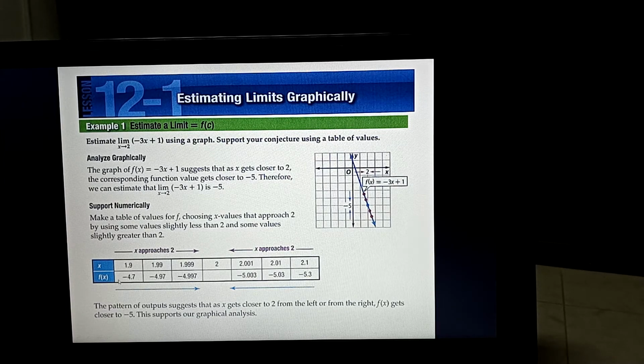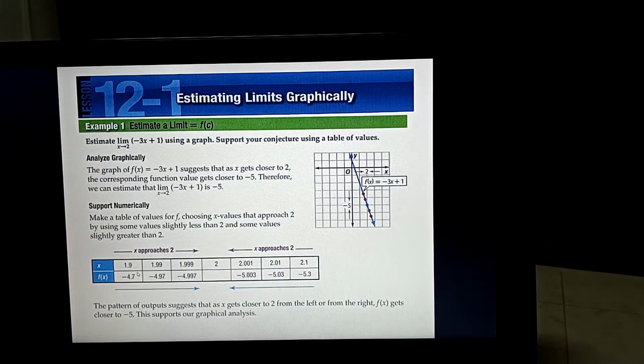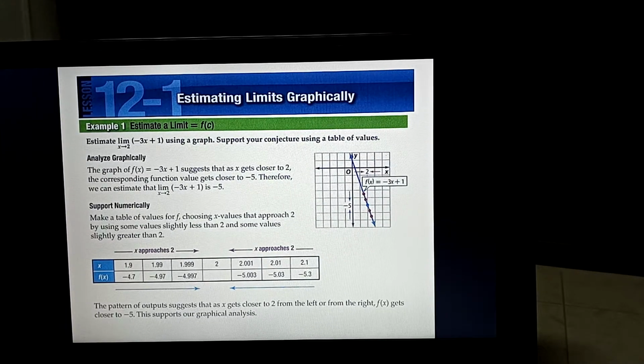Since I walk from right or left, the value of y is going to be negative 5. So the limit of the function negative 3x plus 1 is going to be negative 5. This is for the first example.